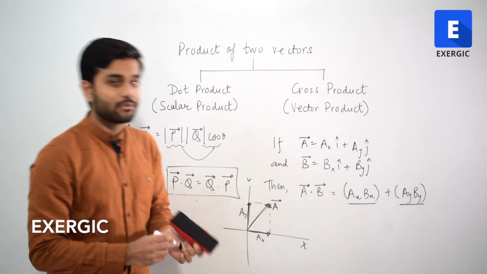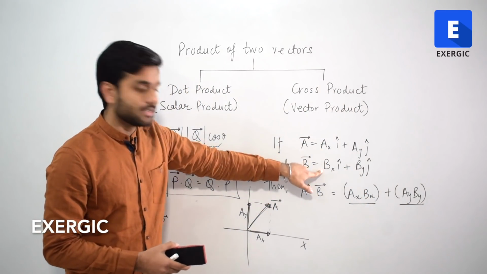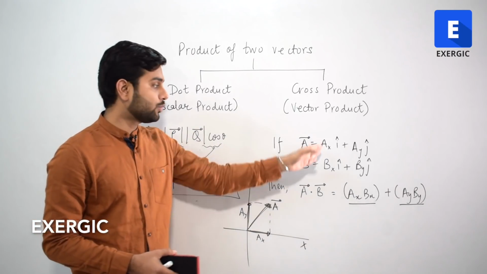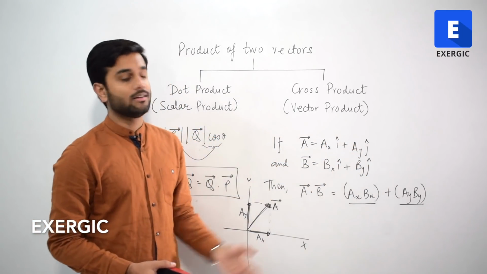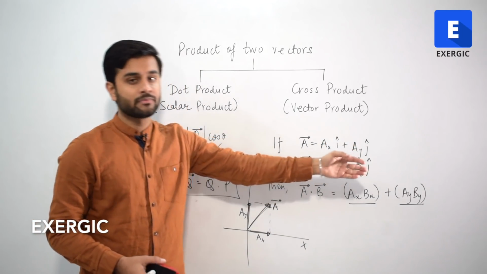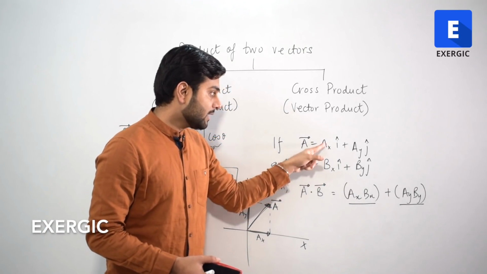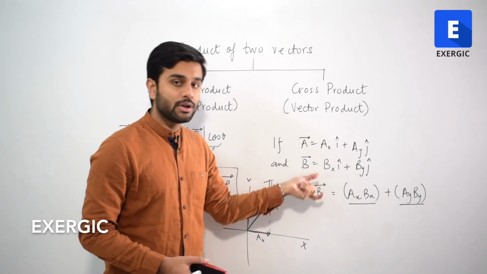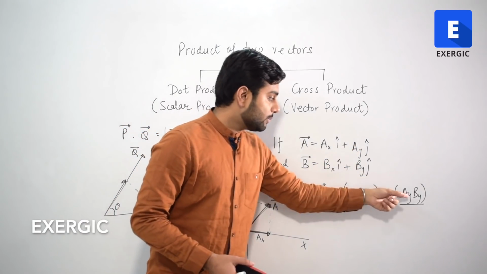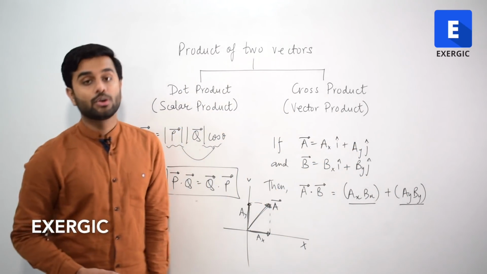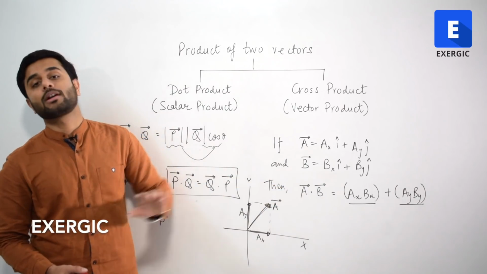So simply you have to multiply this number with this number. It will be a number like 2i plus 3j, right? A number like 4i plus 2j. So a number will be there. That number you have to multiply. The x coordinates ax bx you need to multiply, ay by you need to multiply, and add them up. Upon doing that, you will get their dot product.